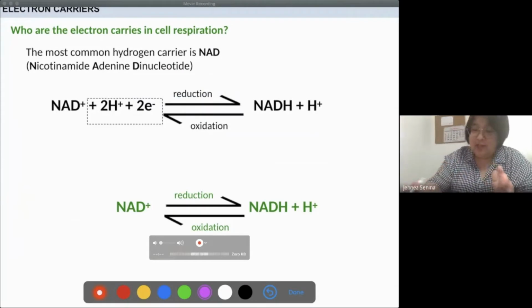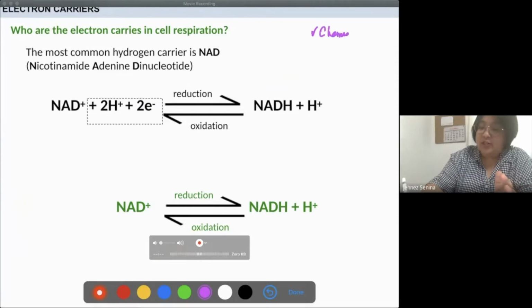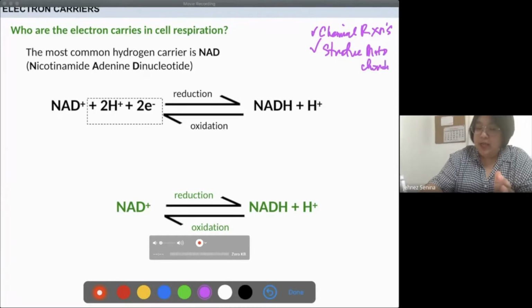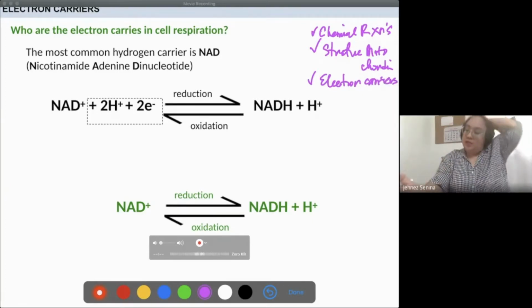Okay, another concept. Let's go back. First, I talked to you about important chemical reactions. Then I talked about the structure of the mitochondria. And now I want to talk about electron carriers. We're going to encounter them as I explain the steps of cellular respiration.